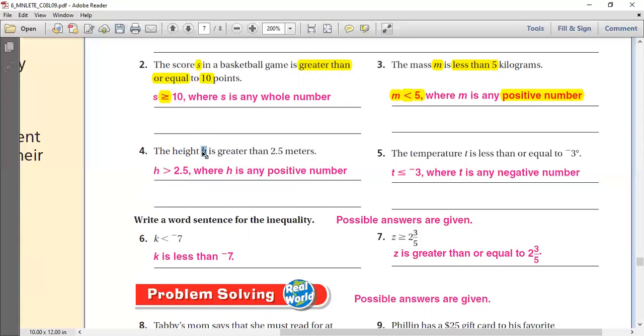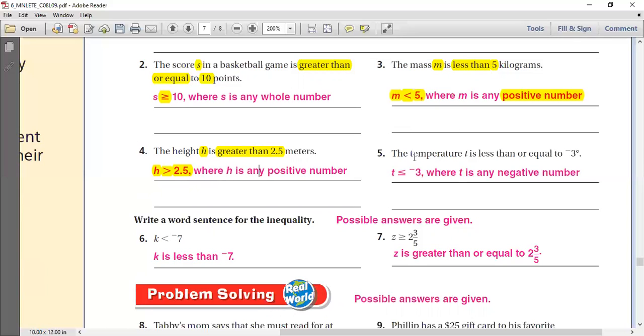We have the letter h, so that's going to be our variable. The keyword is greater than, which means at once you need to realize what kind of symbol you'll be using. It is only greater than 2.5. So here we have h is greater than 2.5. So this is going to be an inequality where h is any positive number. So h cannot be negative, it must be a positive number.